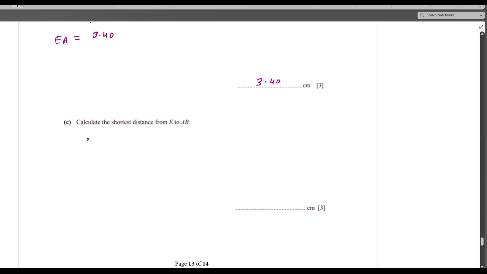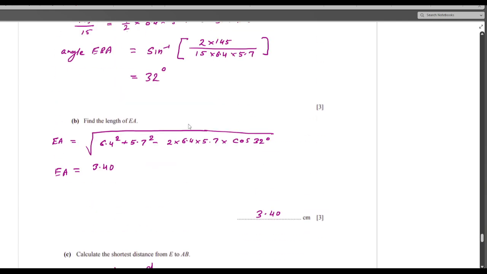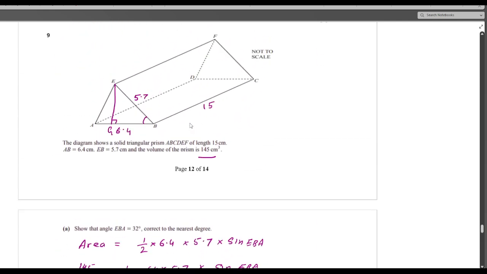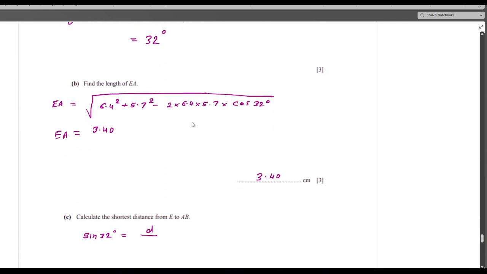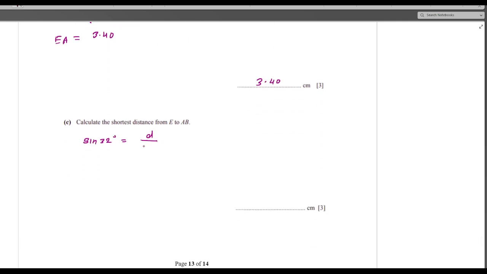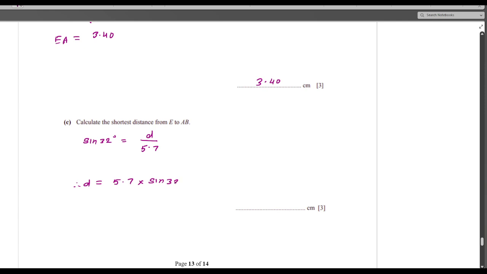So sine of 32 degrees is that shortest distance, let us say D, divided by the hypotenuse, which is 5.7. Therefore D is equal to 5.7 times sine of 32 degrees.